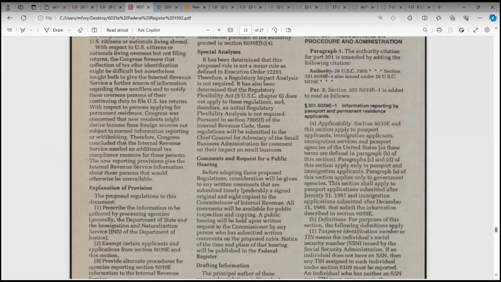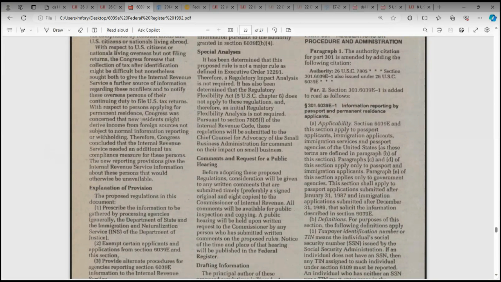With respect to persons applying for permanent residence, Congress was concerned that new residents might derive income from foreign sources not subject to normal information reporting or withholding.